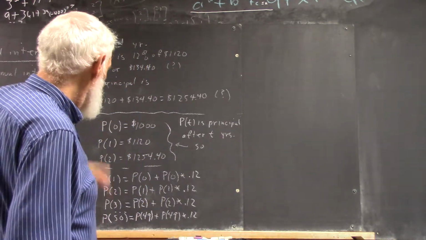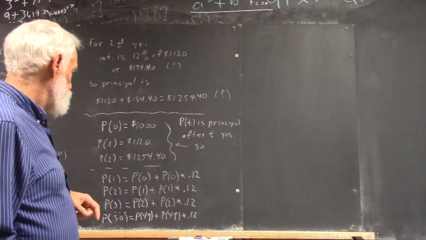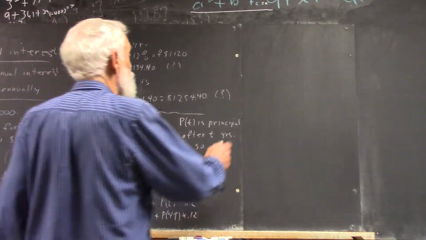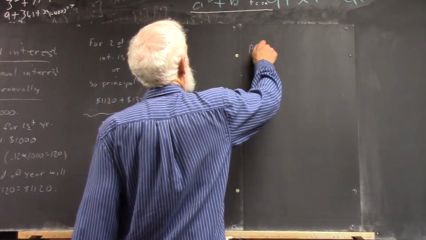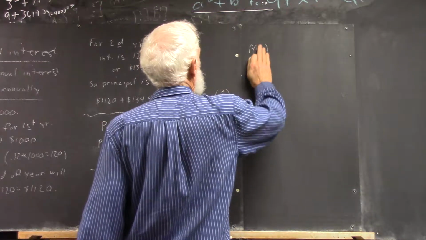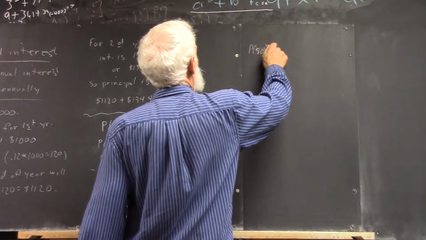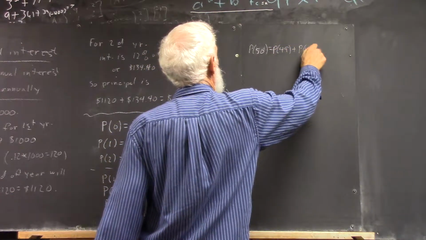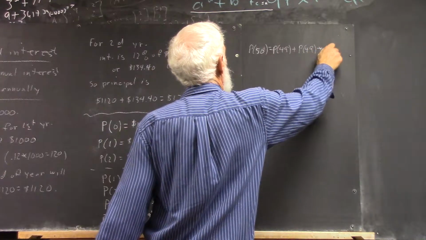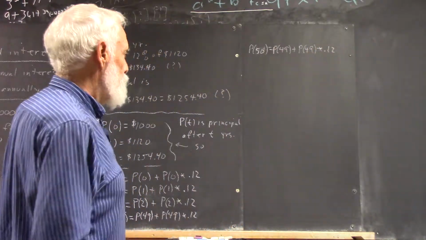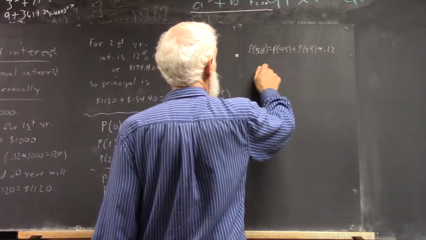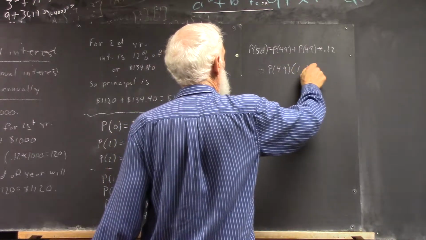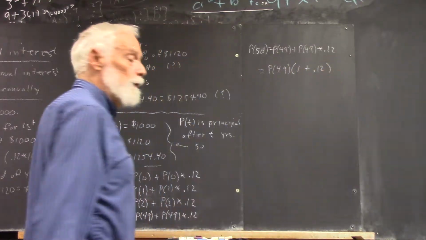Well, I want to take this expression. P of 50 equals P of 49 plus P of 49 times 0.12. And I claim that that equals P of 49 multiplied by 1 plus 0.12.